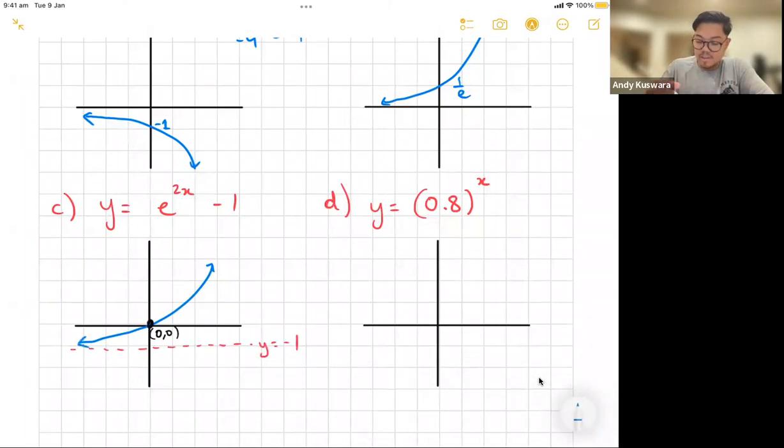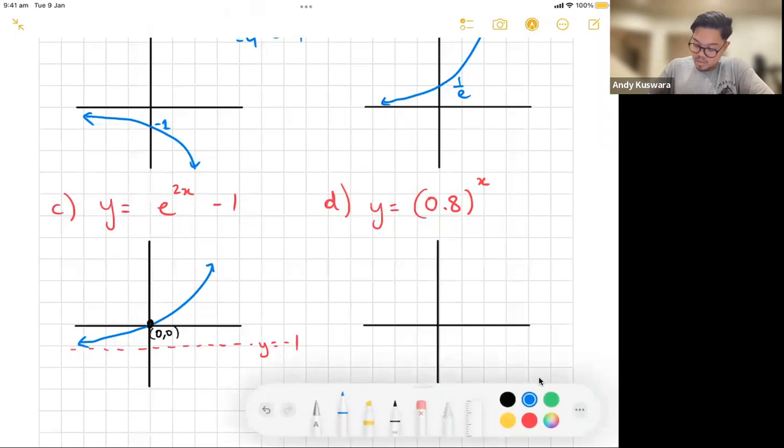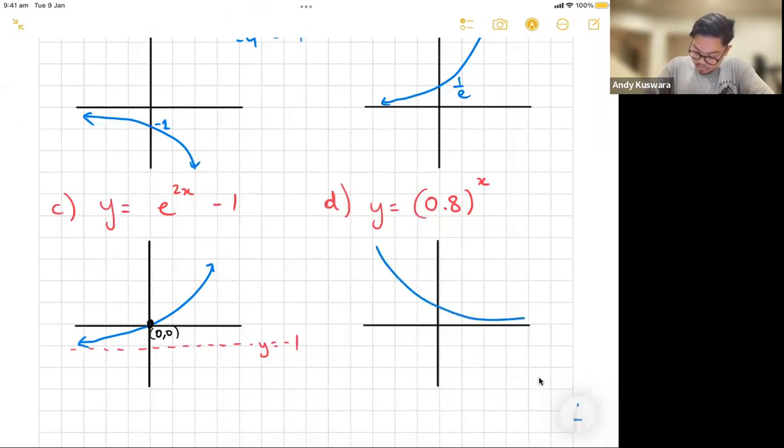And this last one here, this is a trick one that only came up not often. But if the number that you're raising a power to is less than 1, okay, so 0.8 is less than 1, if you put that in your calculator, you'll actually find that it goes through this way.